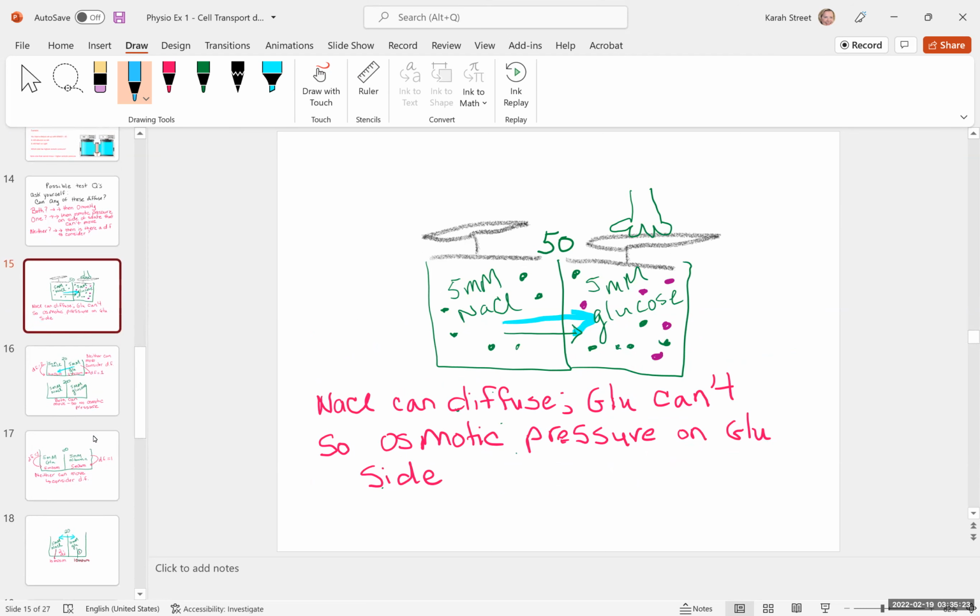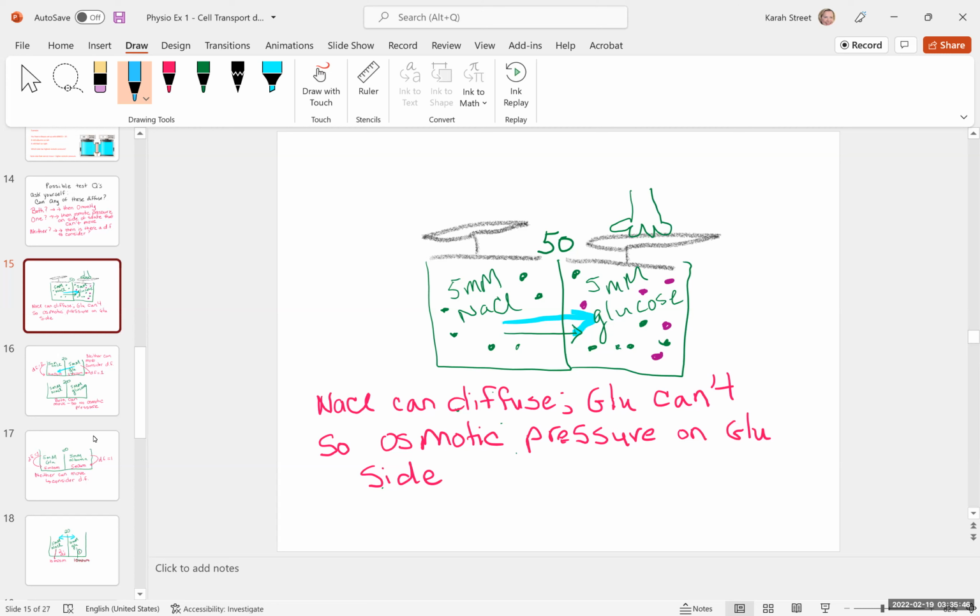Here we have a solution of 5 millimolar sodium chloride in the left chamber and 5 millimolar glucose in the right chamber. We have a molecular weight cutoff of 50 dividing the two chambers, and I'm using my little hand here to simulate a weight.